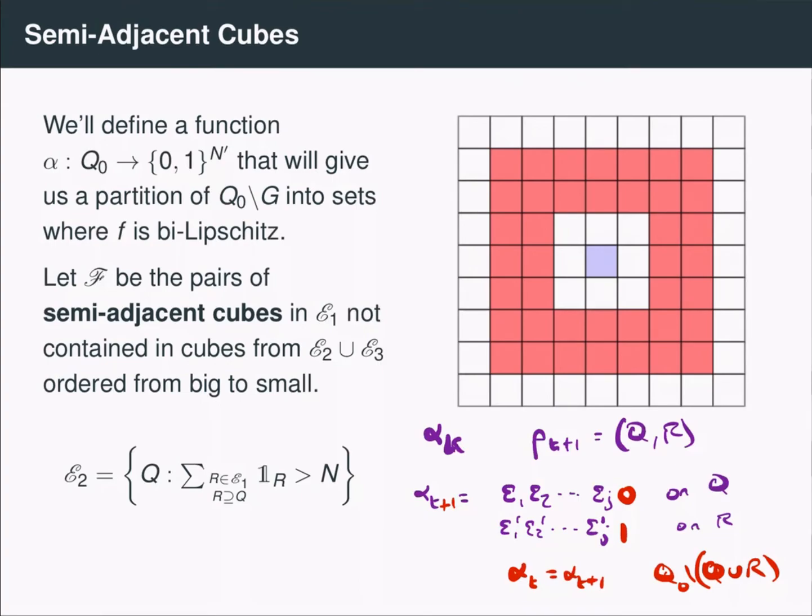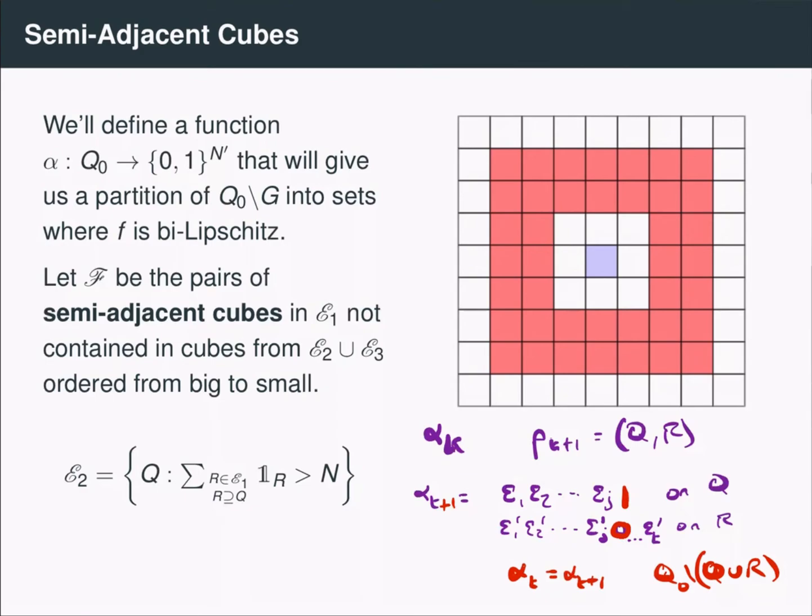Now, in the event that these two sequences don't have the same length, let's suppose that we got to the j here, then there was a 0 here in the sequence for R, and then we moved on, and then we came to epsilon k prime. If there was a 0 there, all that we would do is to the sequence for Q, so if alpha k is equal to epsilon 1 through epsilon j on Q, then we just pick the next digit equal to 1 right here so that it doesn't equal this 0 right here.